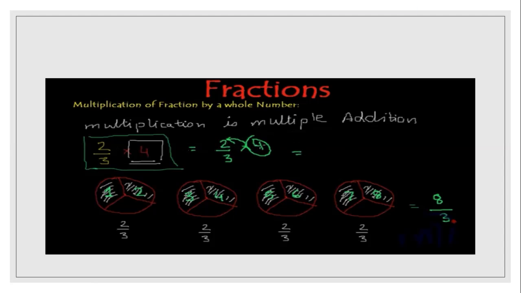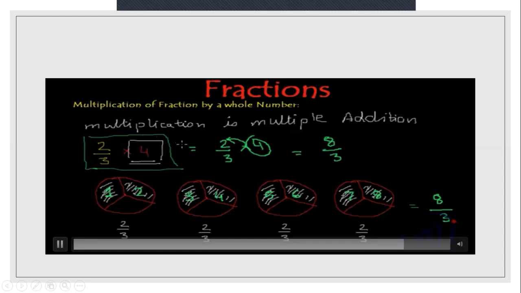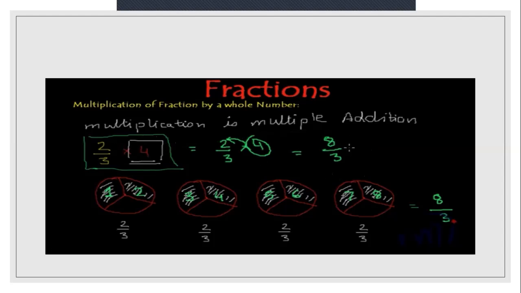See here, 4 twos are 8, and keep the denominator as it is, right? So this was the multiplication of a fraction by a whole number, in which only the numerator of the fraction gets multiplied by the whole number, and then we get the result. And this was the pictorial explanation for the logic, right?